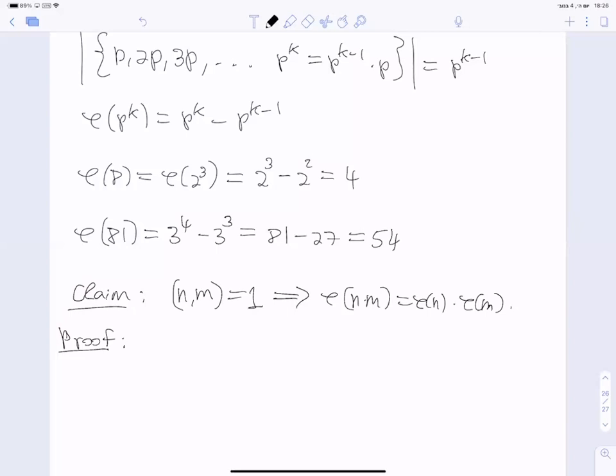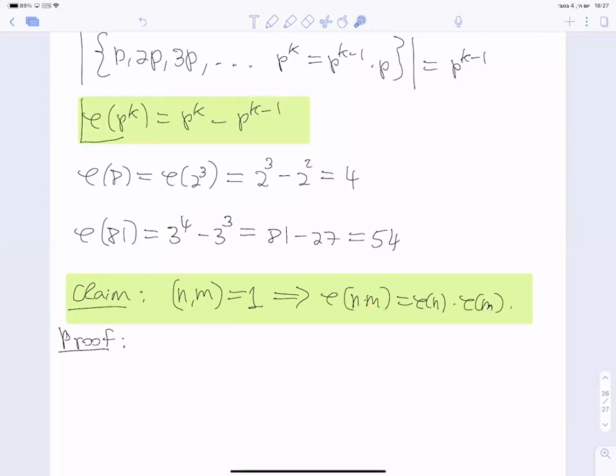Okay. Why is this claim true? Just to be clear, you needed to take the minimal prime number in order to do the calculation? Yes, because this formula is for a prime.